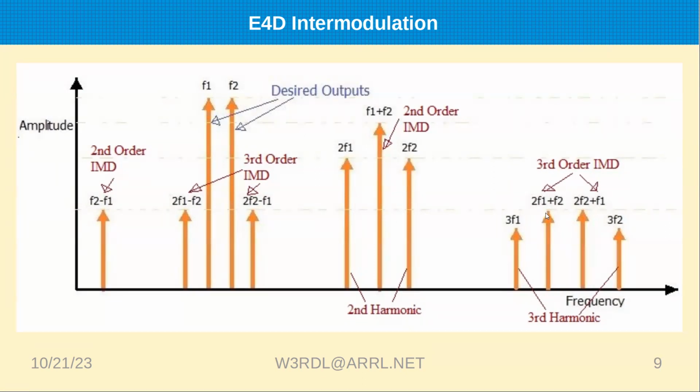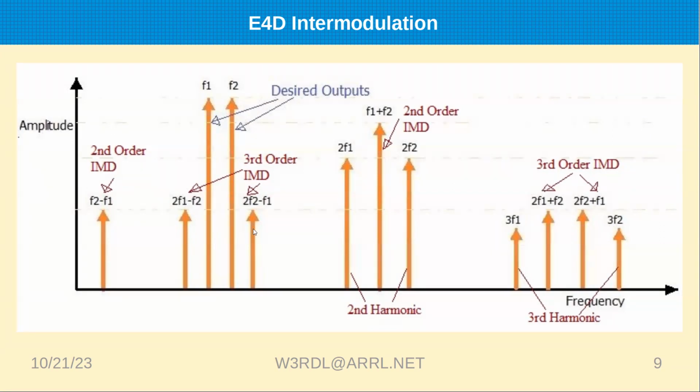If we look at the third over here, we've got our 3F1 and 3F2, which are true third order harmonics. And then you've got the intermodulation products, which is the 2F1 plus F2 and 2F2 plus F1, because we also have the negatives, which are way down here. The 2F1 minus F2 and the 2F2 minus F1.